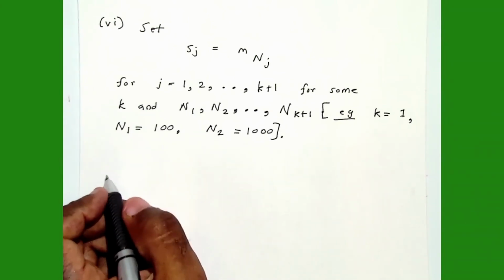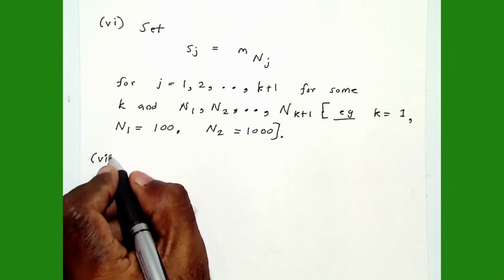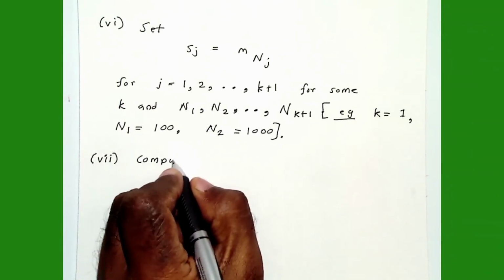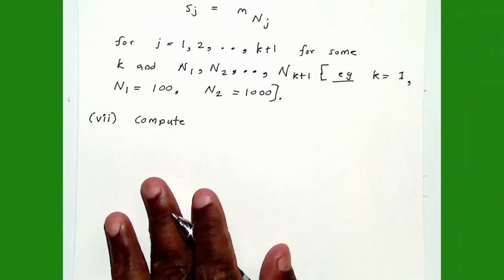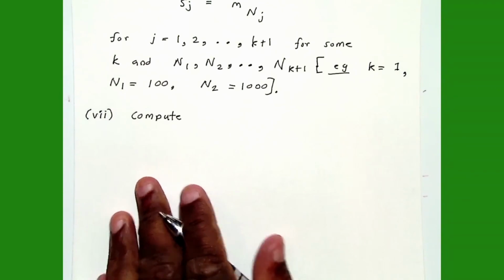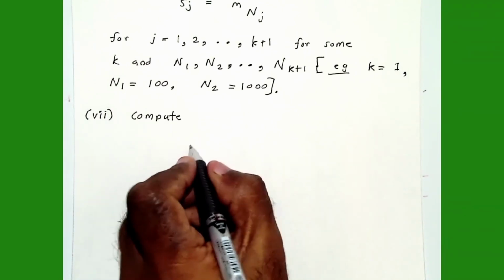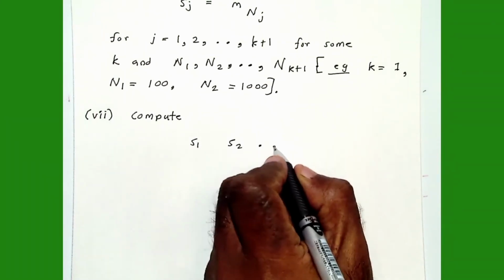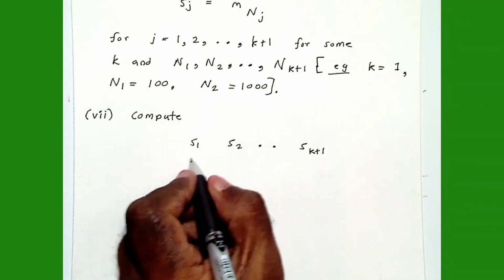Okay, and the final step is to compute the expected shortfall as follows. Give me some time because it's going to take a while to write this down. All right.